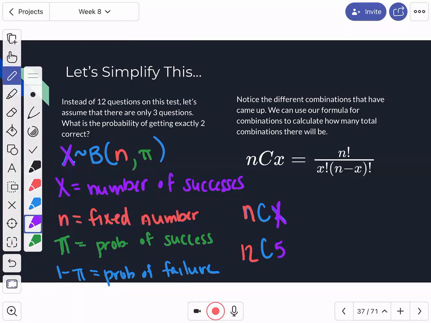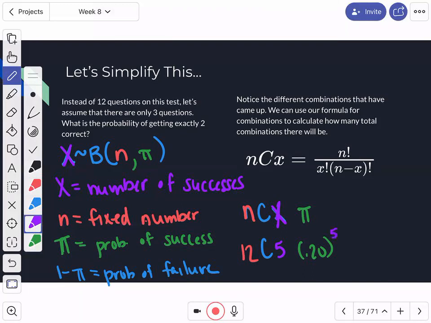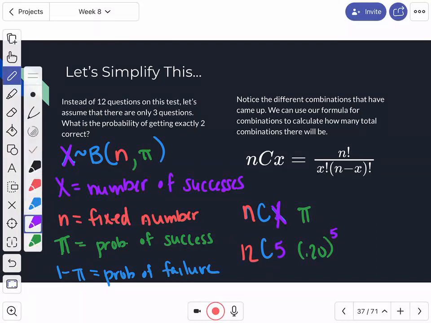Then we said the probability of success is 0.2 raised to the, remind me, 5th power. What does that 5 represent? That 5 is the 5 correct. So that'll be pi raised to the X power. That's what this says.